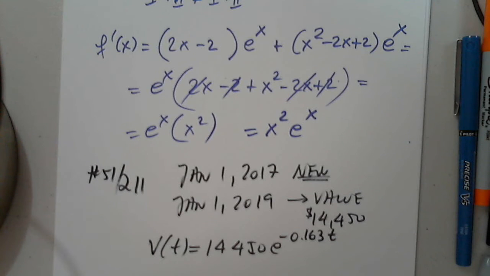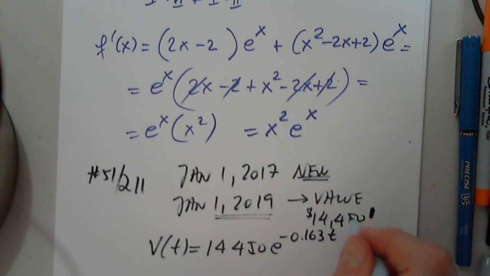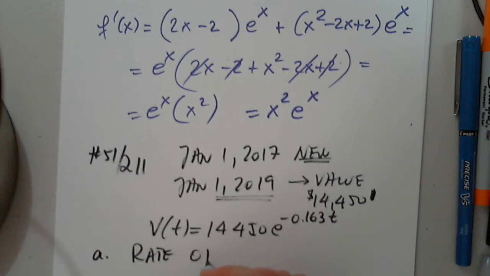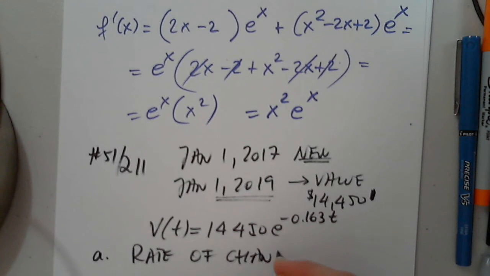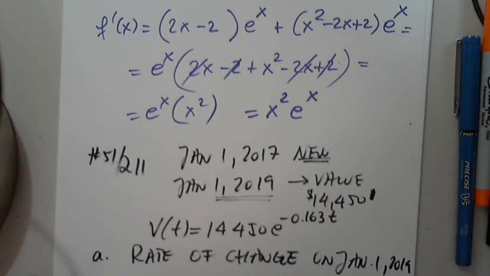Okay, so it says find the rate of change. What is the rate of change in the value of the equipment on January 1st, 2019? We know the value was this. That we know. But they're asking us in part A, find the rate of change on January 1, 2019.